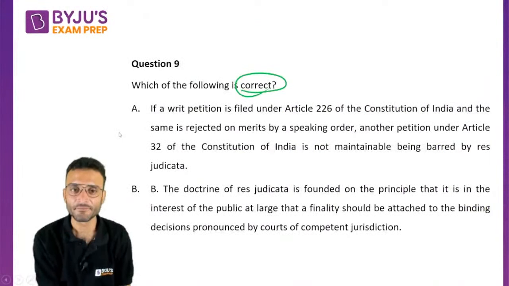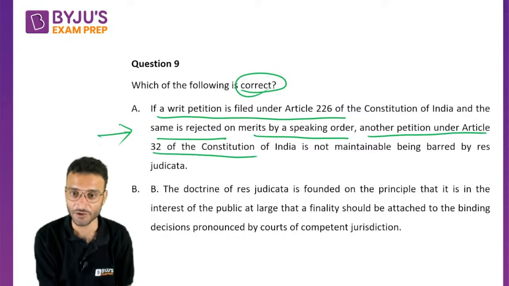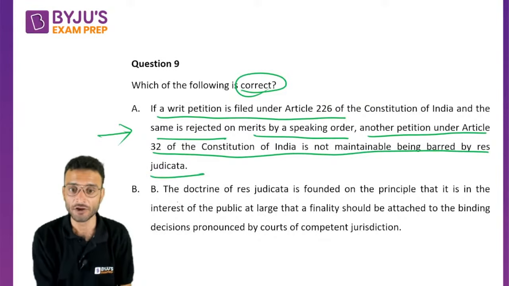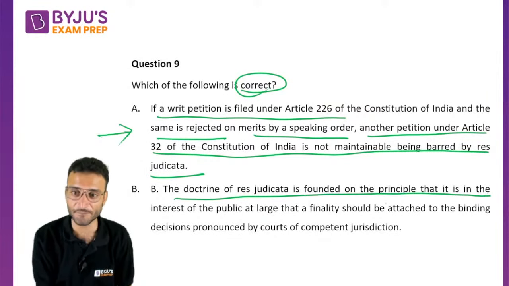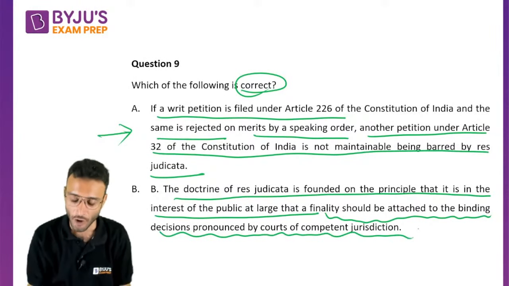Please see this particular thing very carefully. If a writ petition is filed under 226 of the Constitution and the same is rejected on merit by a speaking order, another petition under Article 32 of the Constitution of India is not maintainable, being barred by res judicata. The doctrine of res judicata is founded on the principle that in the interest of public at large, there must be finality attached to the judgments of the court.